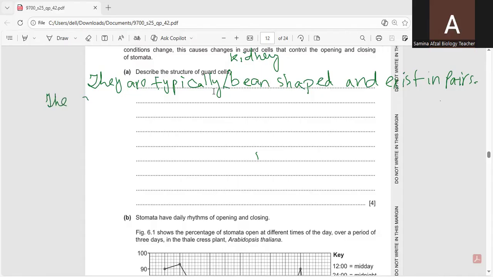The cell wall is unevenly thickened. Unevenly thickened.